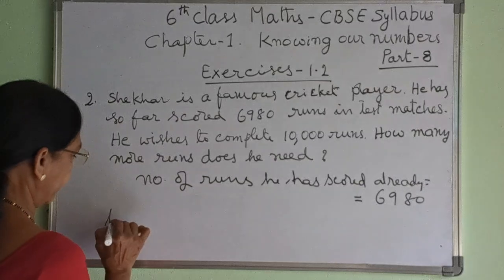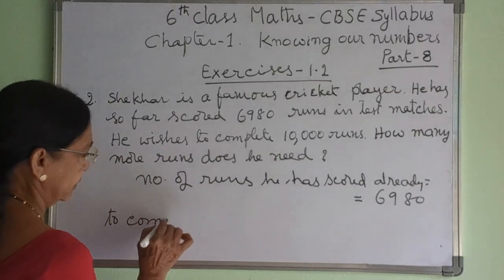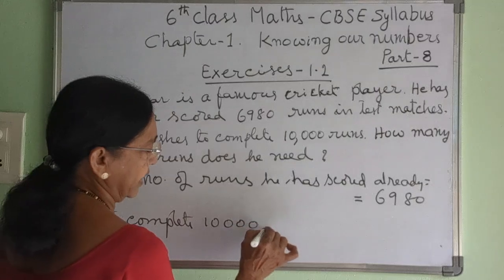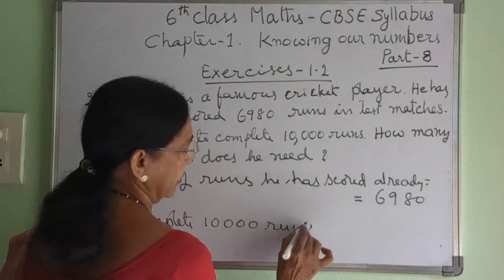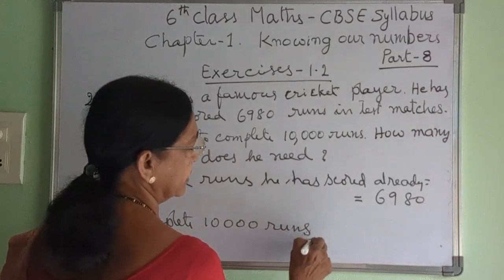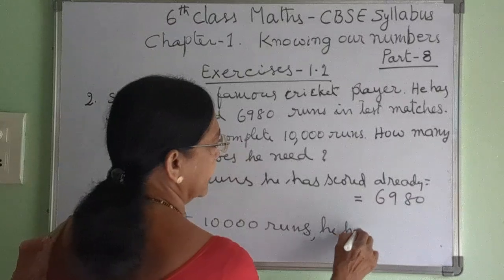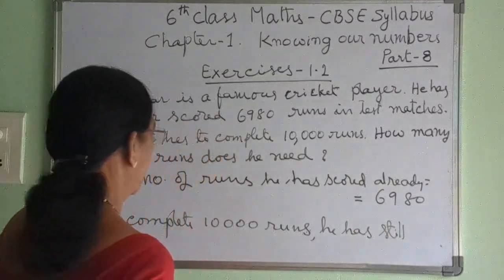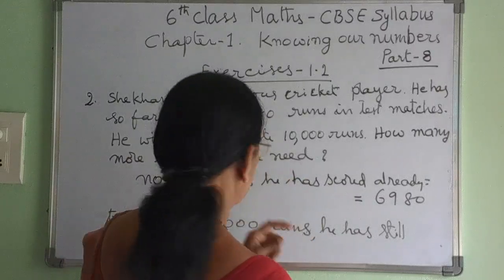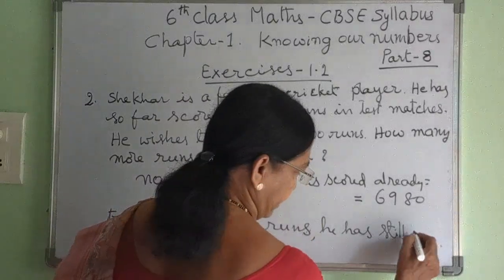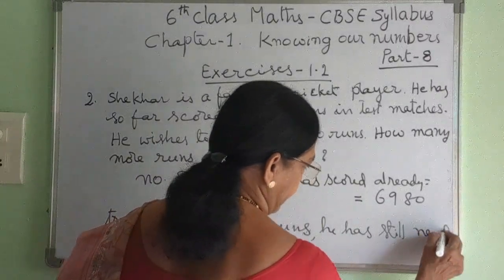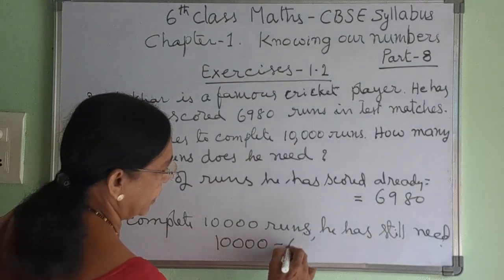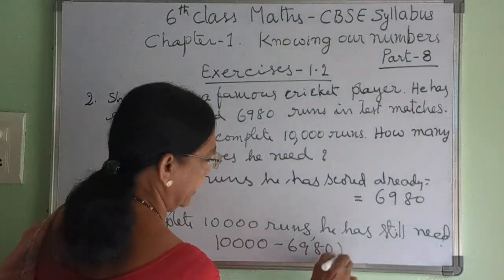So to complete 10,000 runs, he still needs 10,000 minus 6,980 runs.